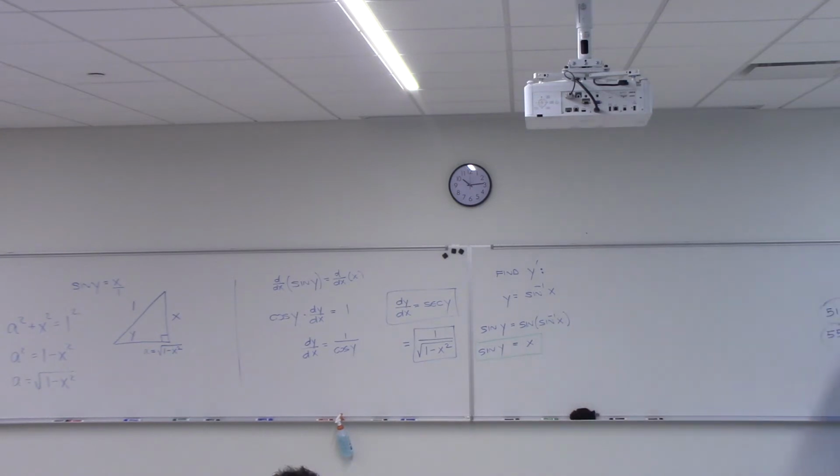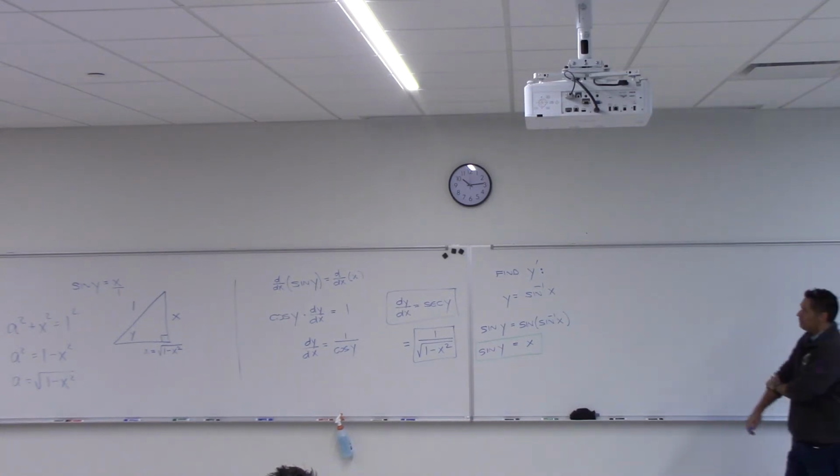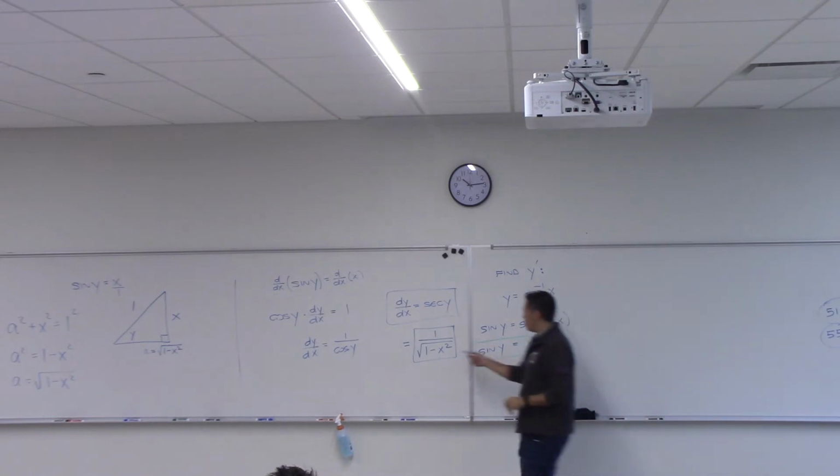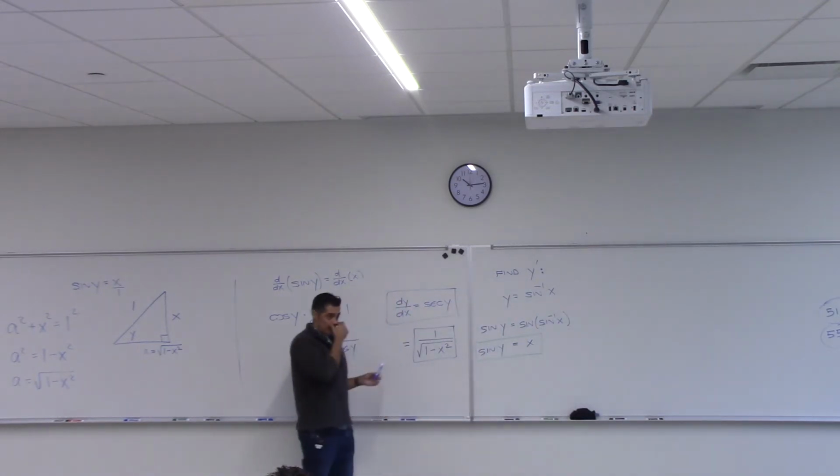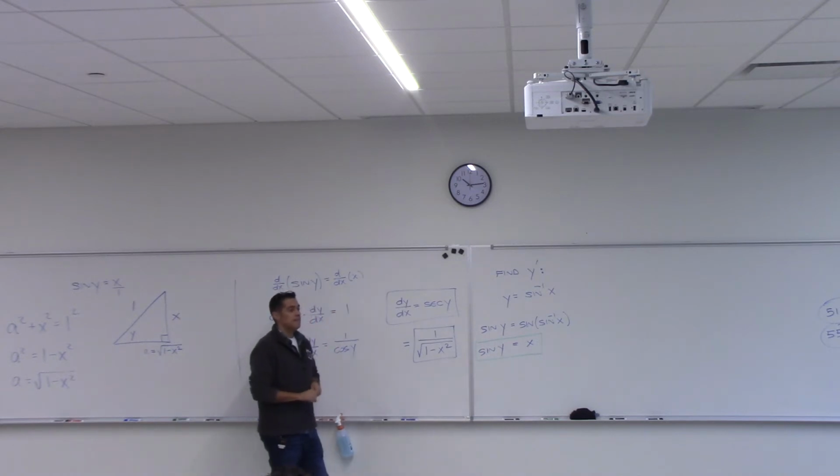Does that have any domain restrictions? Negative 1 to 1? When I suggested that you replace the y with inverse sine of x, I assume that answer would have some form of domain restriction.